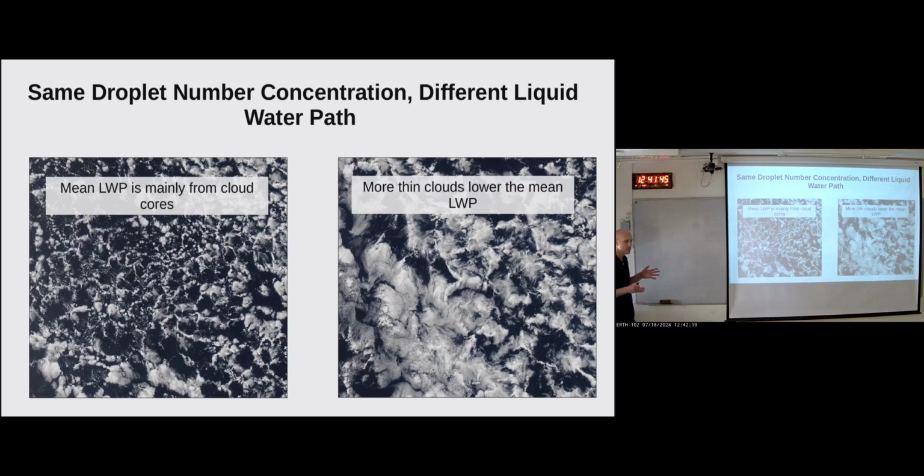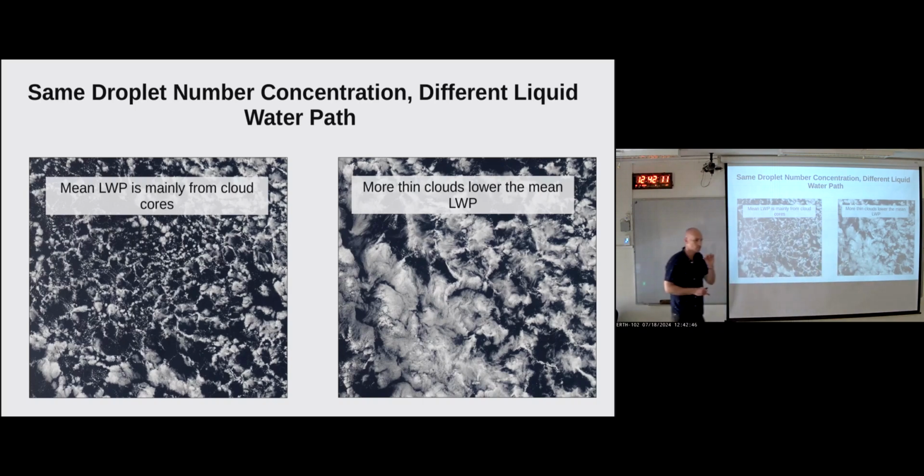But when we calculate the mean cloud water within a scene, we count all the pixels with cloud. All the pixels without clouds, it's none. We don't consider them. So when we do the weighted average, like we do an average of this cloudy scene, the droplet concentration will be the same, but the liquid water path will be smaller here because we have many thin clouds and they are thin.